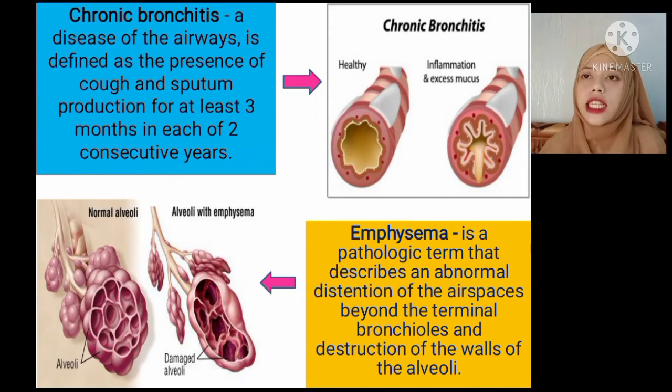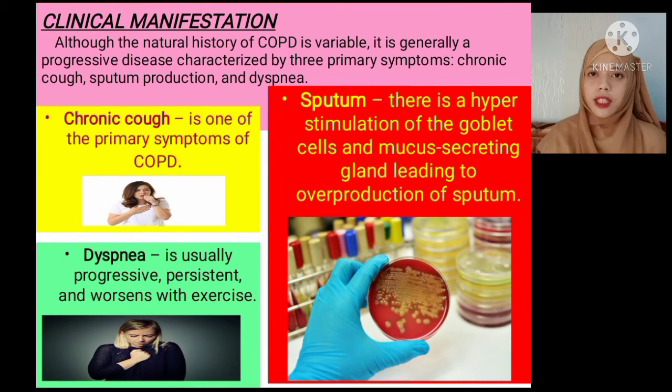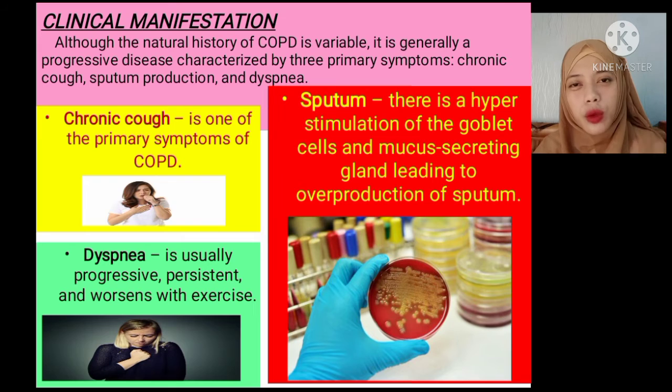And then next is clinical manifestations. Although the natural history of COPD is variable, it is generally a progressive disease characterized by 3 primary symptoms: chronic cough, sputum production, and dyspnea. Chronic cough is one of the primary symptoms of COPD, because it can cause your lungs to produce excess mucus, which can lead to frequent coughing. And then next is sputum production.